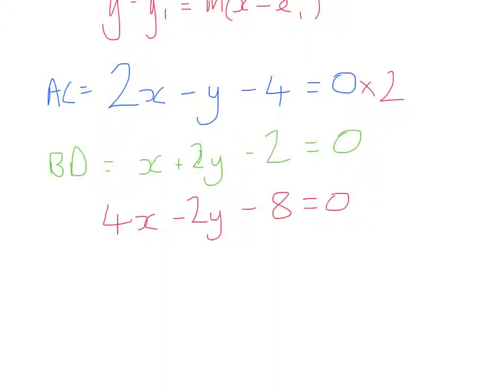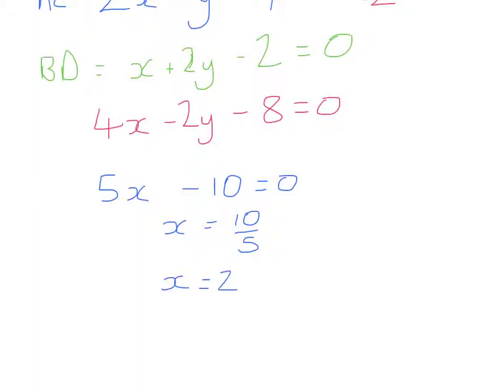So if I add those two equations together, I get 5x, 2y's cancel, -2 plus -8 gives me -10, equals 0, x equals 10 over 5, and x equals 2.